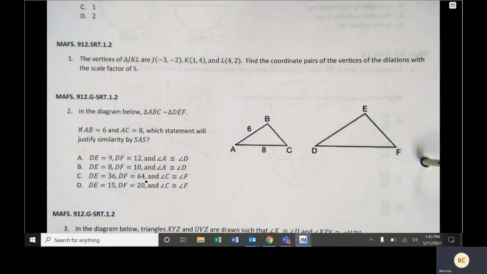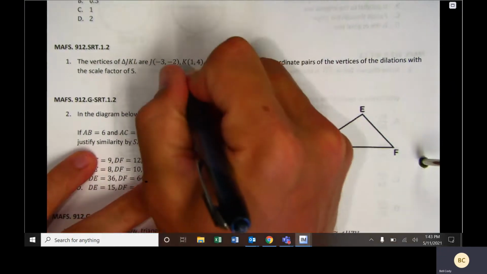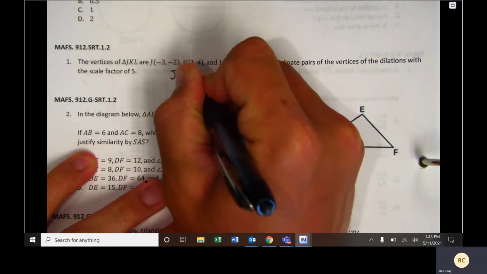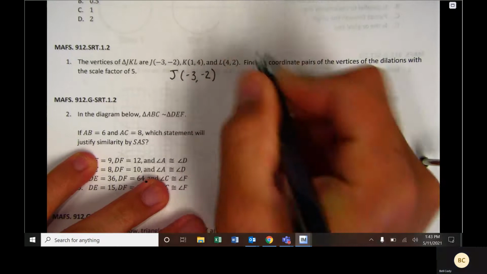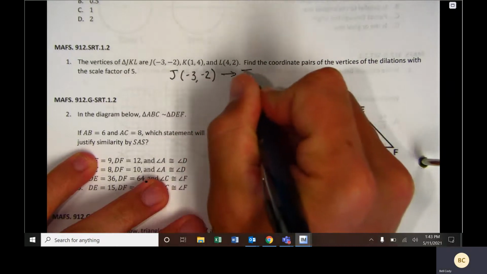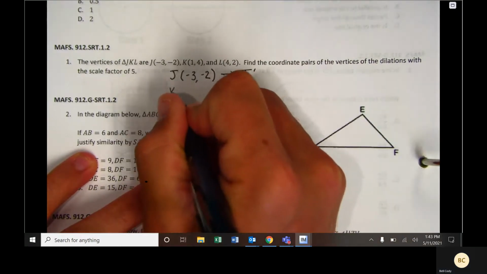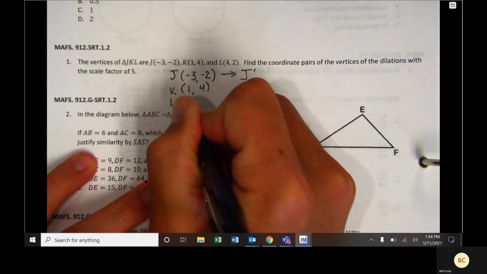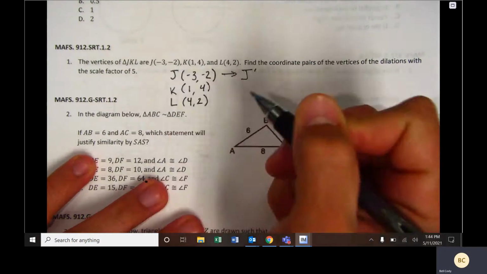For dilations, anytime we're given the coordinates or a figure on a coordinate plane, we need to get the coordinates of the vertices after the transformation, or the prime points. In order for us to go from J at (-3, -2) to J prime, we're going to multiply each coordinate by the scale factor.